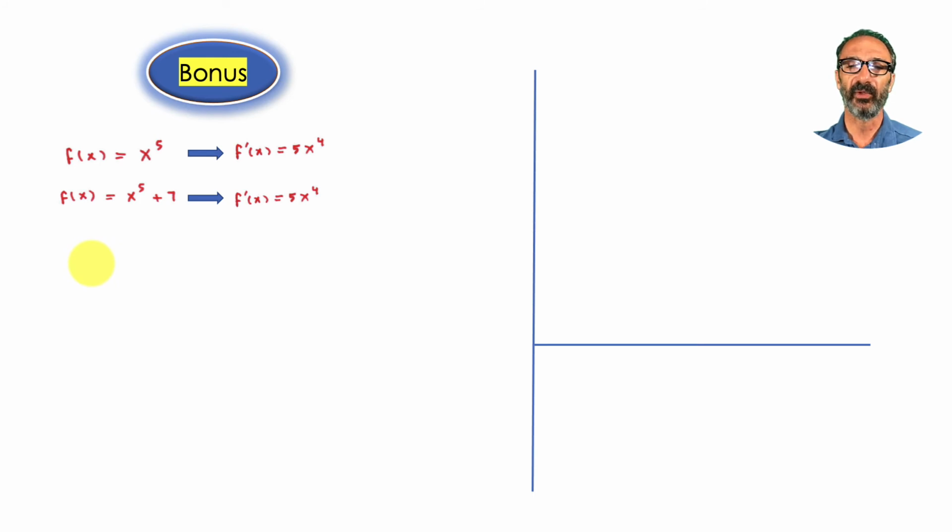So when I said earlier that integration is the inverse of differentiation, how can I integrate from here, go back, and get this? Well, if I start here, I get this, but how can I go from here and get the 7 back?